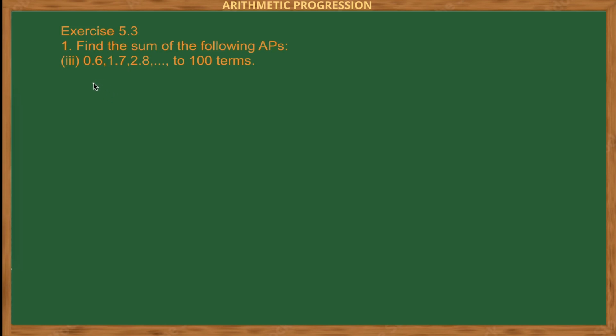A is given as 0.6, and d is equal to 1.7 minus 0.6, which becomes 1.1. N is given, n is equal to 100, and we need to find the sum to 100 terms.